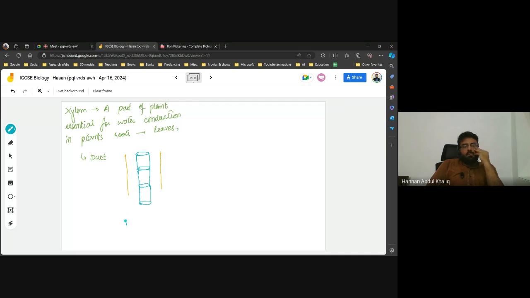So there are roots and leaves, and the water would just move against gravity to enter into the leaf. Now the problem is the xylem looks like a duct, and every duct is always hollow. It's always empty from inside.